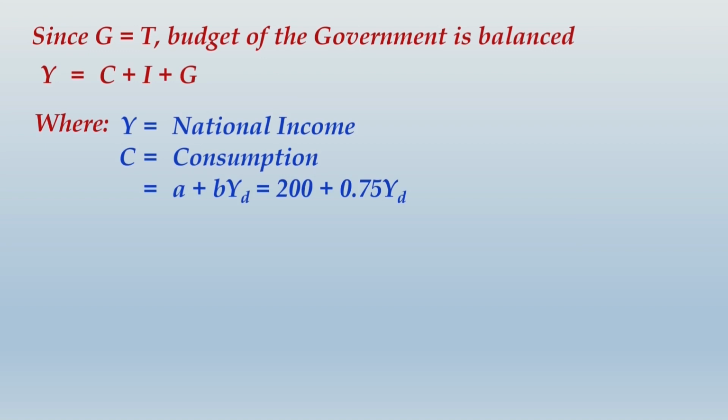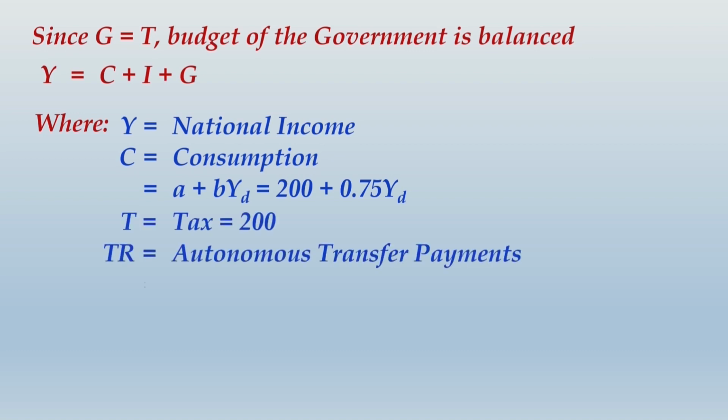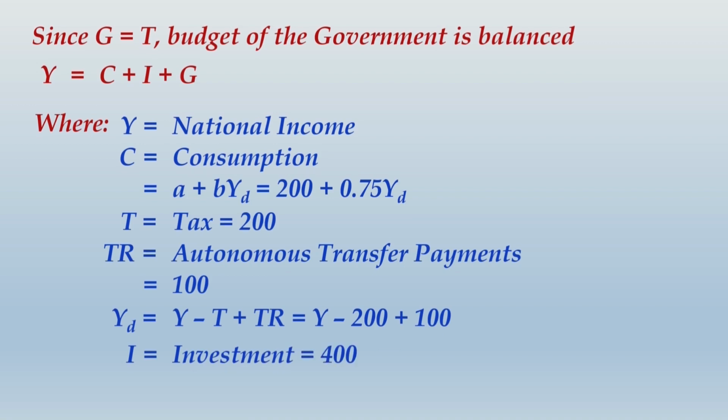A value is given as 200, and marginal propensity to consume, that is B, is given as 0.75, and as far as disposable income, that is YD, is concerned, you should keep in mind that here tax is definitely involved along with the transfer payments. As a result, YD will be Y minus T plus TR, that is Y minus 200 plus 100, and I stands for investment, that is 400, G is government expenditure, that is 200.